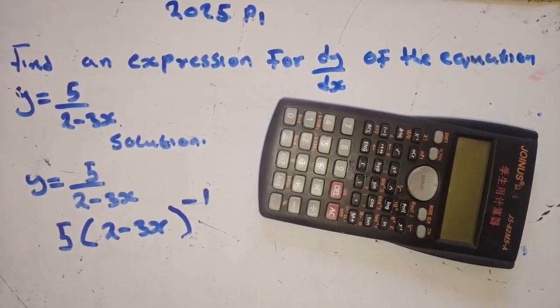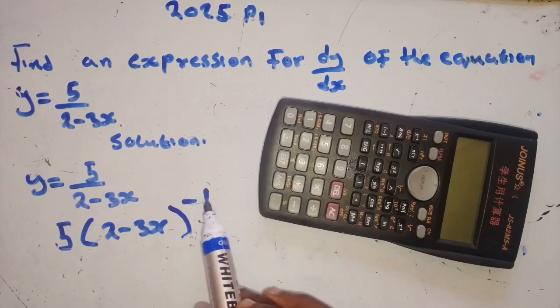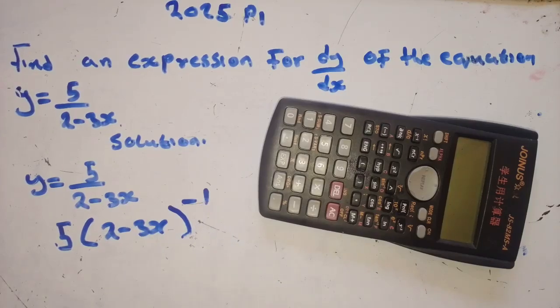After writing it like this, you can now differentiate. This function can be differentiated by multiplying the power by the coefficient, then subtracting 1 from the power, and then multiplying everything by the differentiation of the bracket. In case you have gotten lost, this is what we mean.